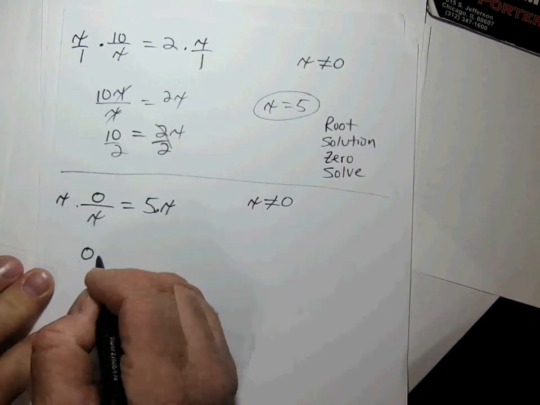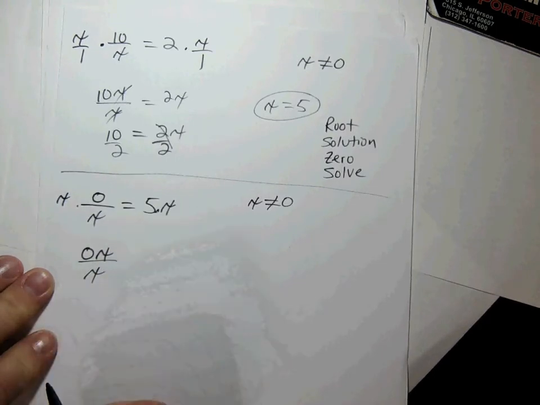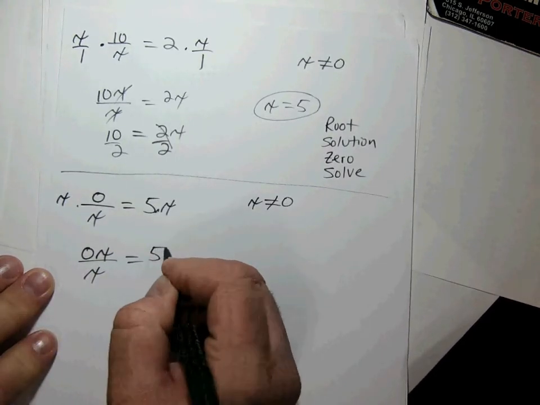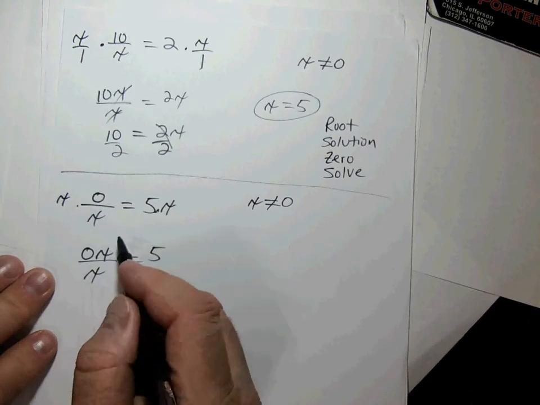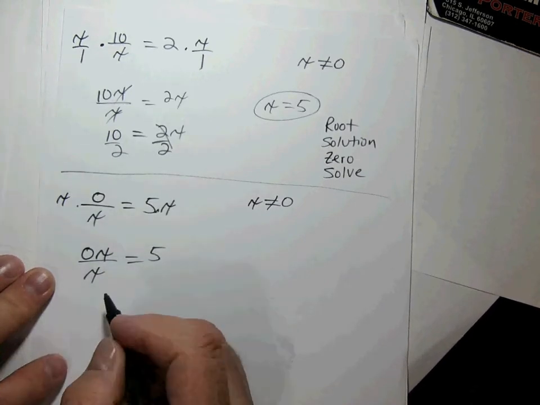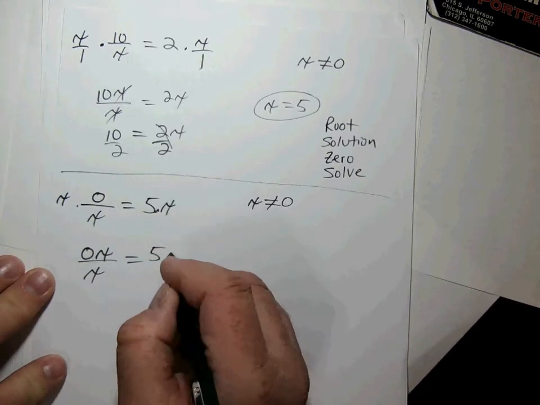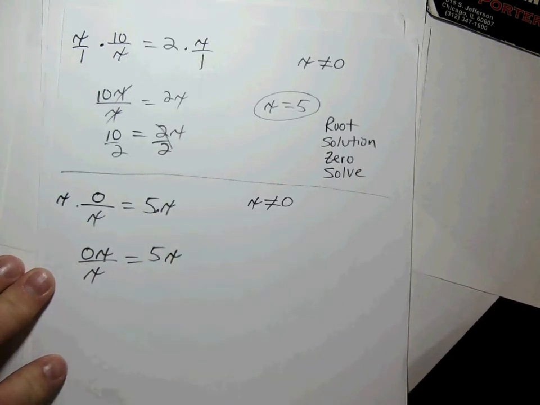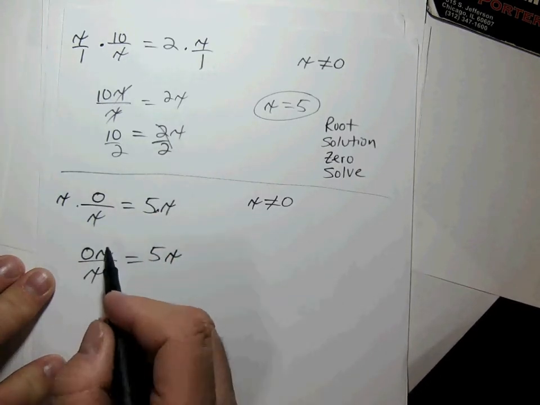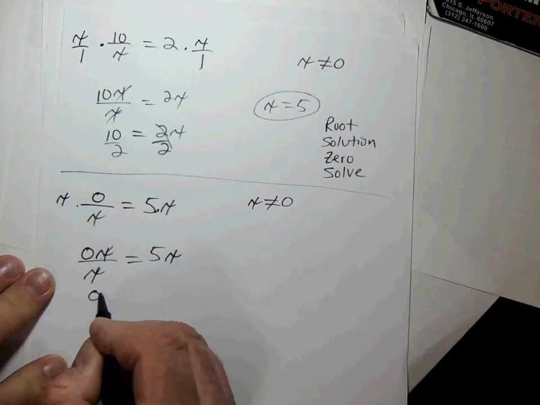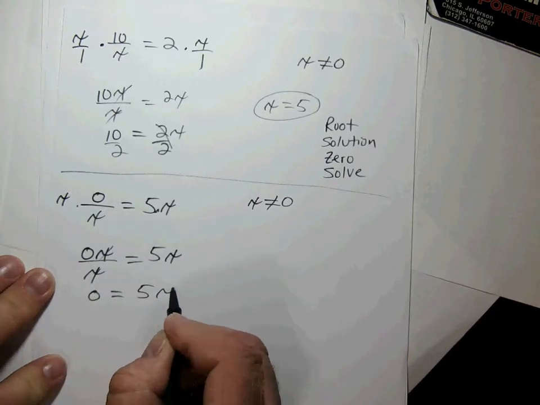So now I've got 0 times x divided by x equals 5x on the right-hand side. These x's cancel, and I just have 0 equals 5x.